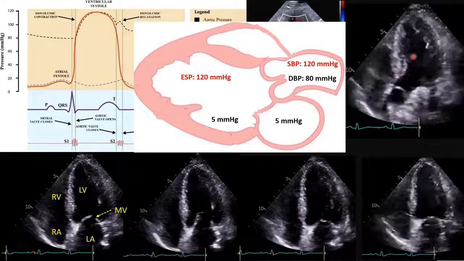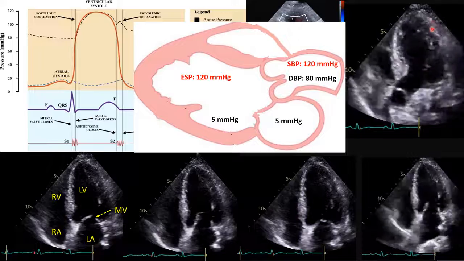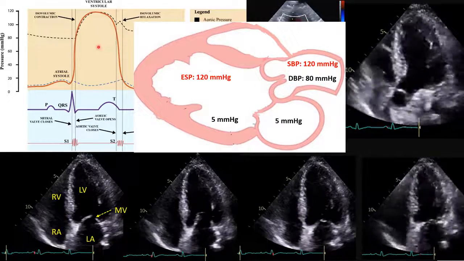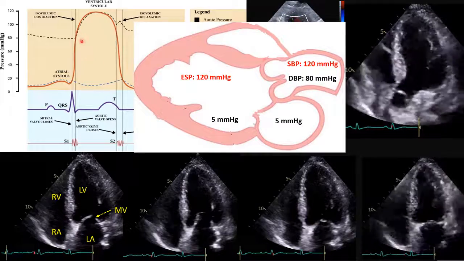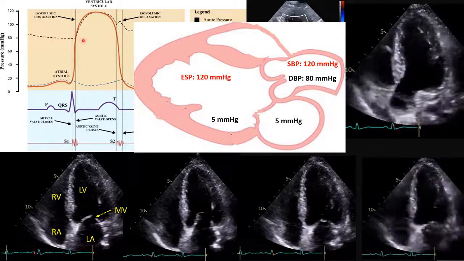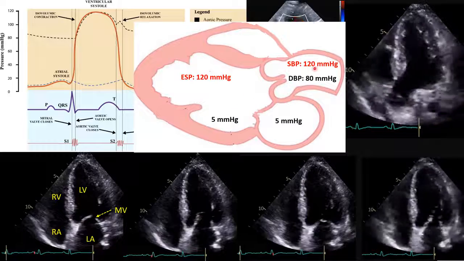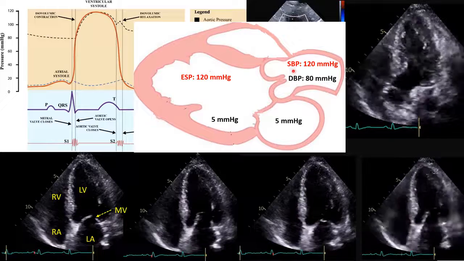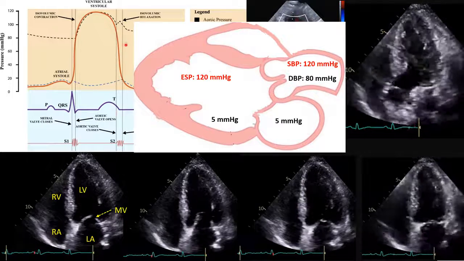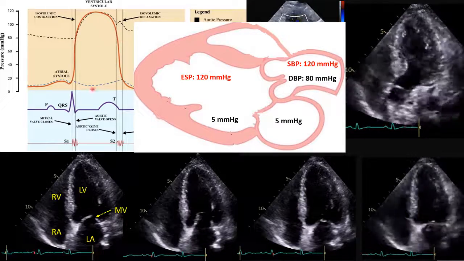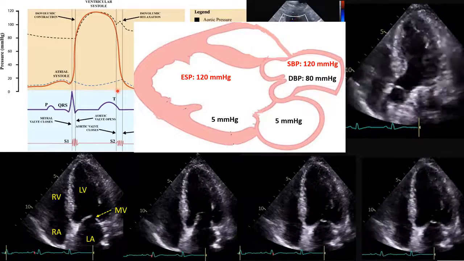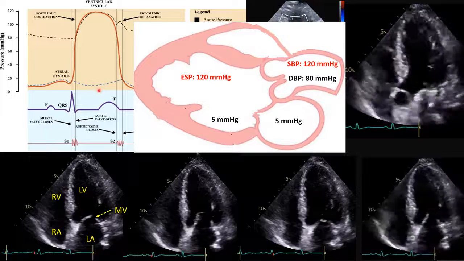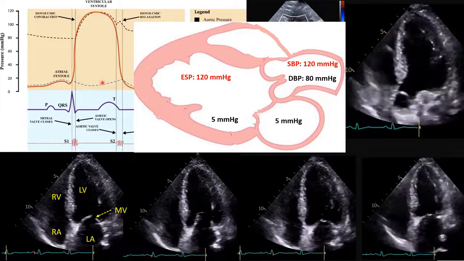When the pressure goes high, the aortic valve opens and blood goes toward the aorta. From the timing that the aortic valve starts to open, meaning blood goes out, up to the timing that the aortic valve closes again during relaxation, from the second line to the third line, we call it ejection time, meaning blood goes outside.